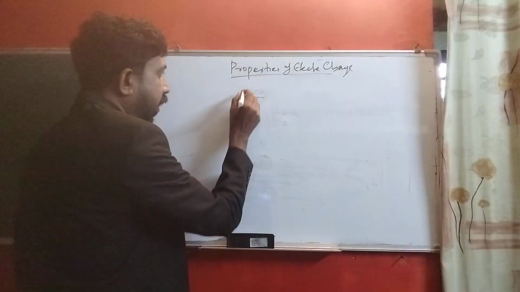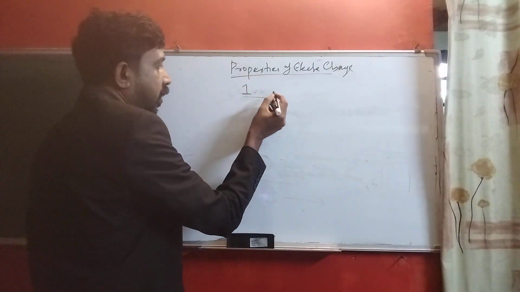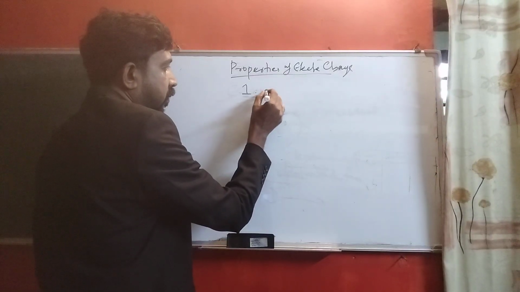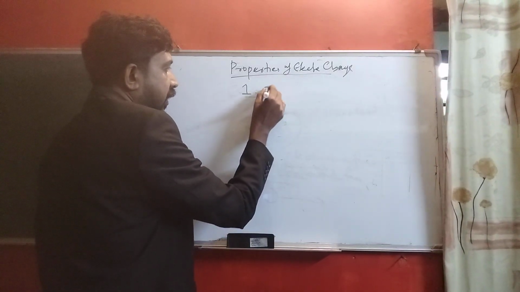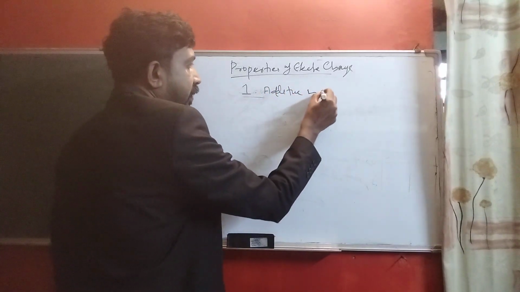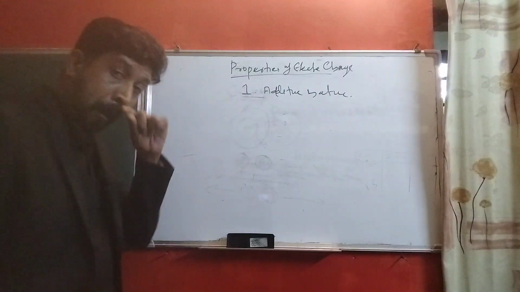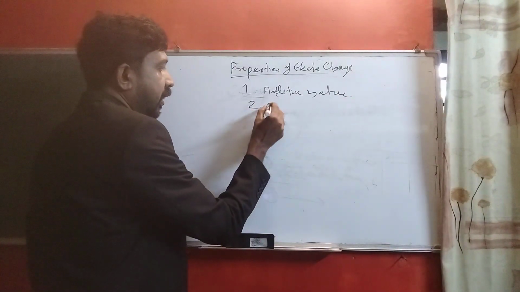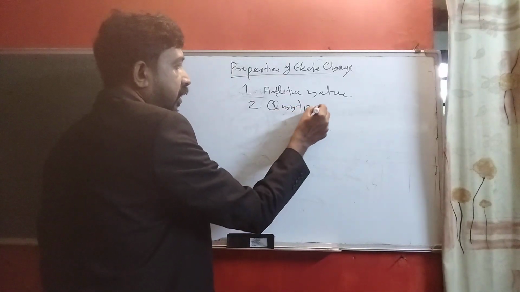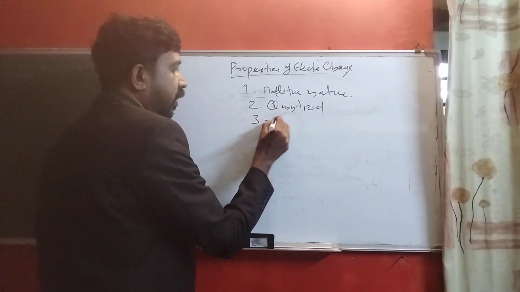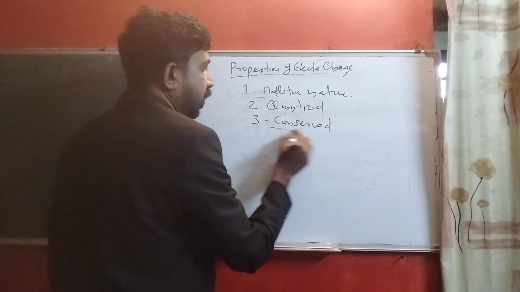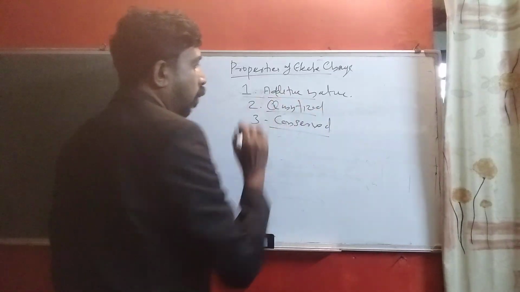First, electric charge is additive in nature. Second, electric charge is quantized. And third, electric charge is conserved. These are the three properties.